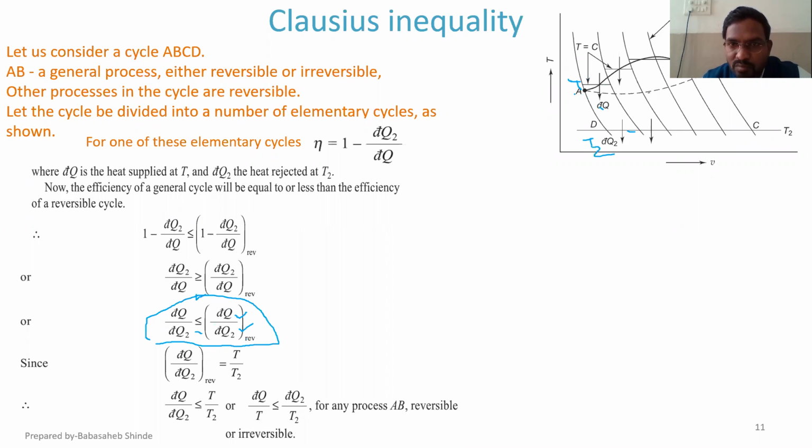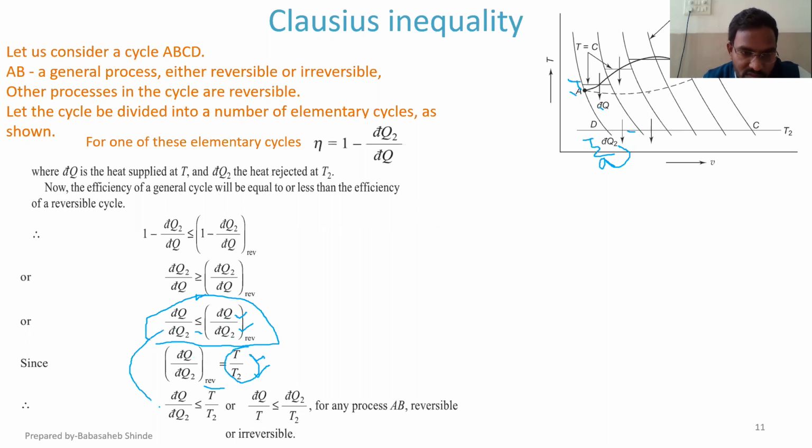So dq will be proportional to T and dq2 proportional to T2. So we know that dq by dq2 for a reversible cycle is equal to T by T2.